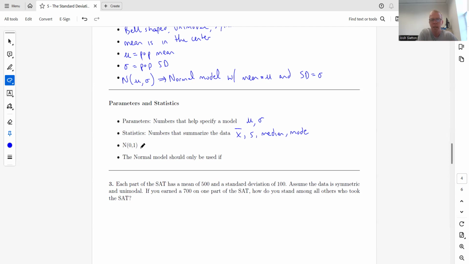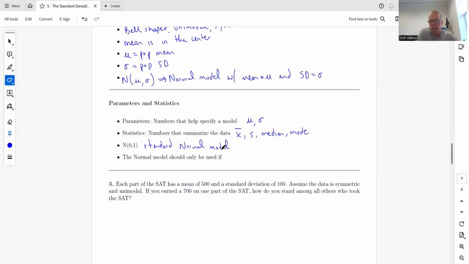All right, so referring back to this, it would be a normal model with a mean of 0 and a standard deviation of 1. And this is called the standard normal model.